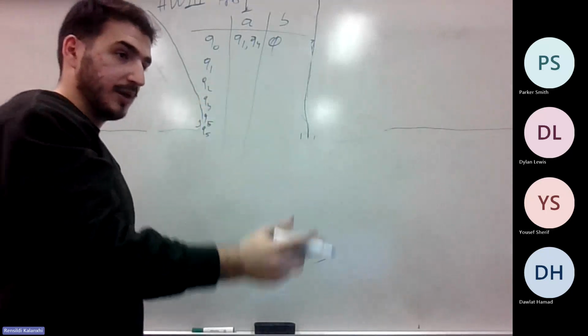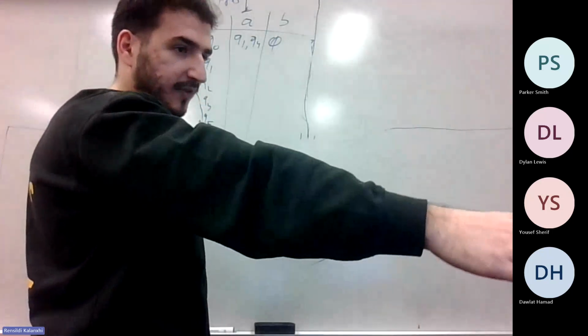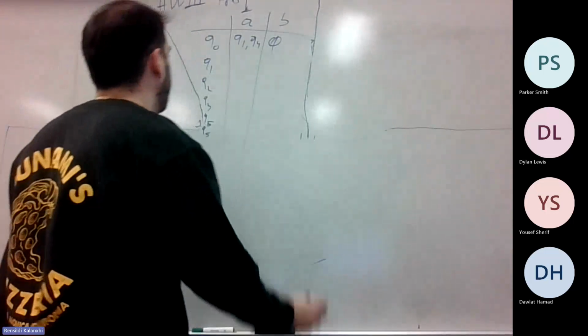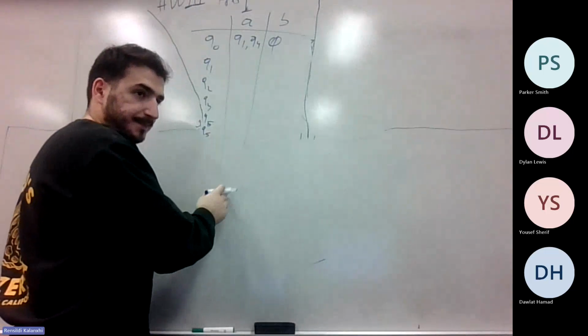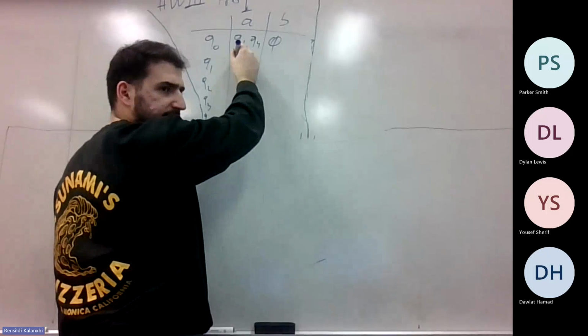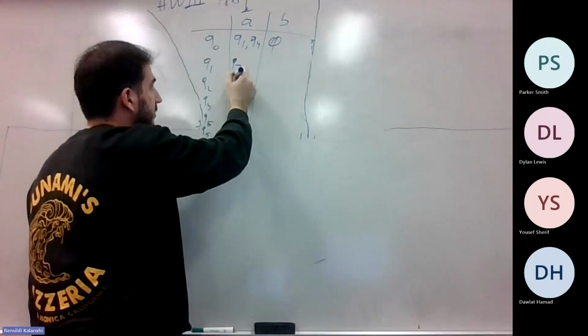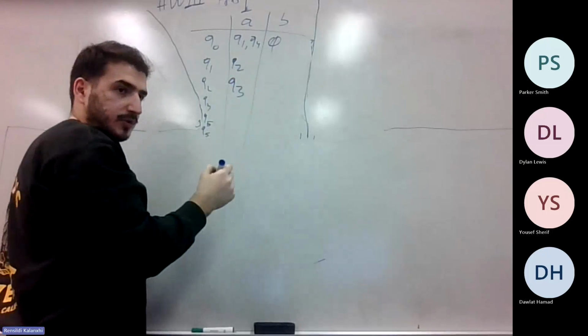Lower down it says find an NFA that accepts the language L equal to L1 union A5. Q1 goes with A to Q2, and from Q2 to Q3 it's A as well.